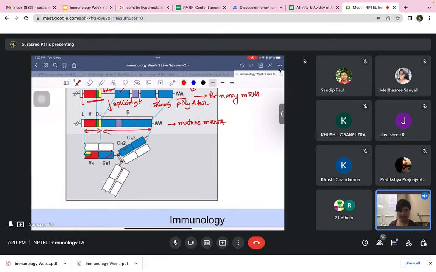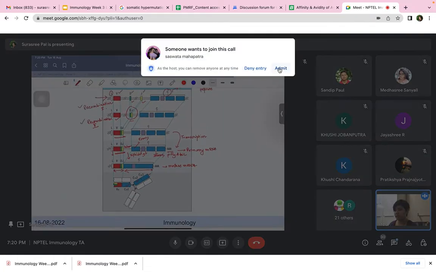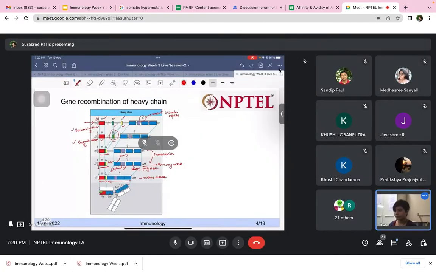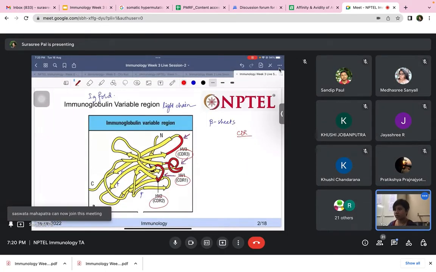Now the interesting thing is that I was talking to you about these CDRs, and these CDRs are actually encoded by the VDJ segments.